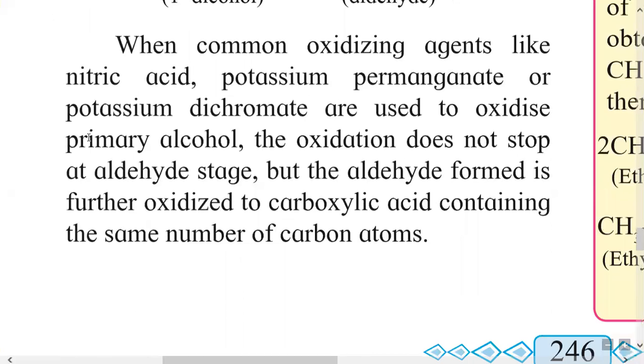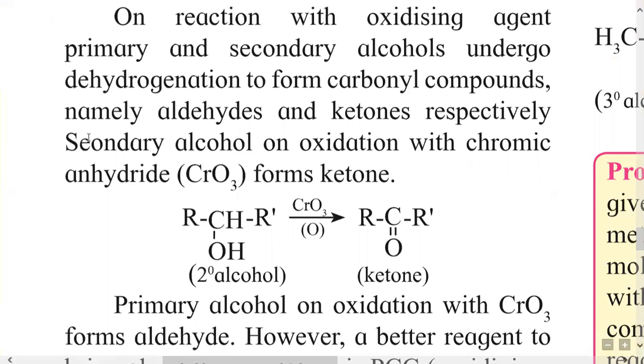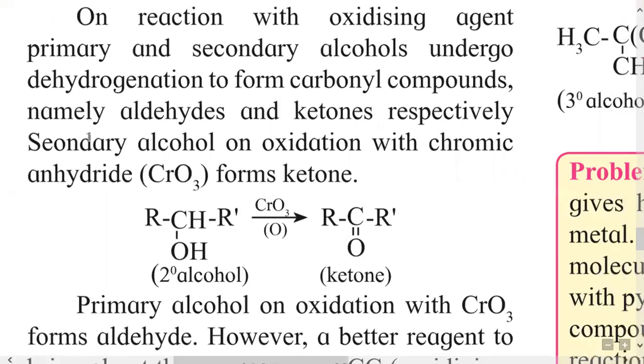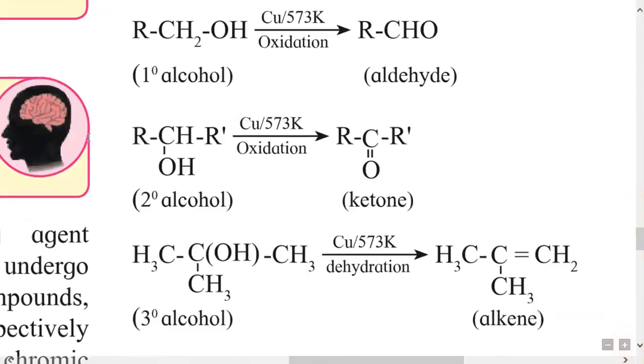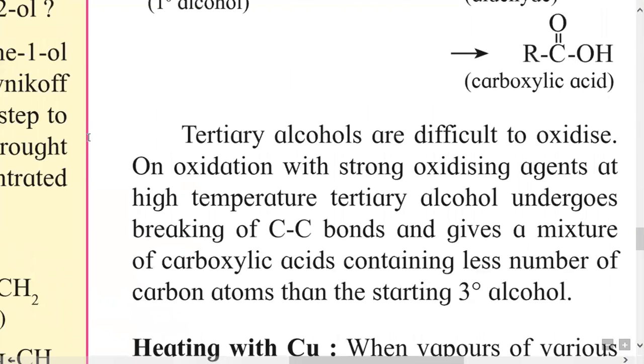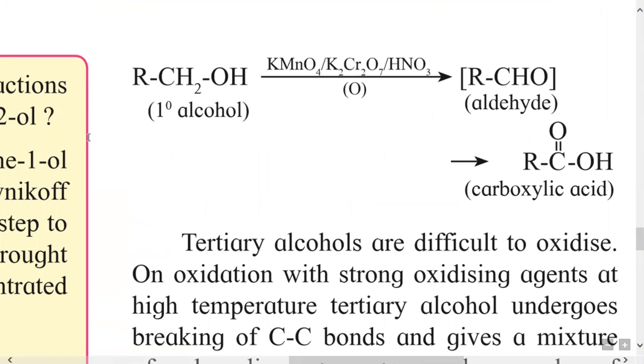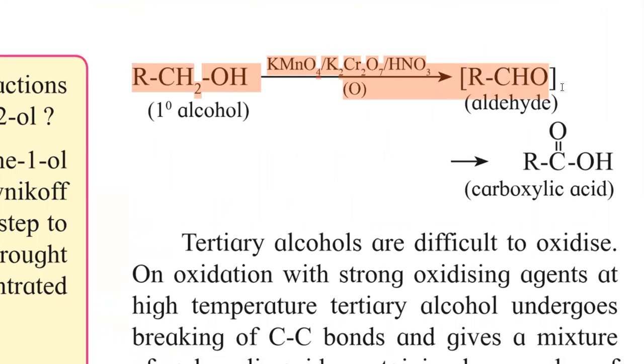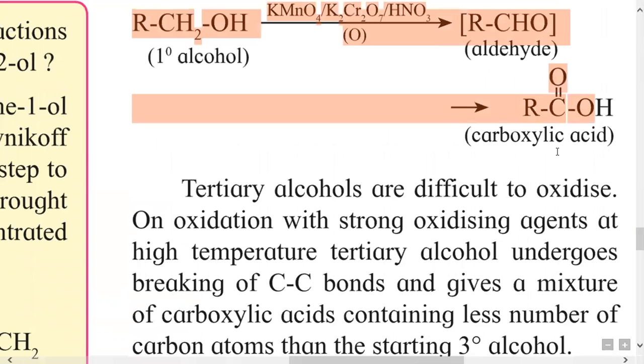oxidizing agent. Then next reaction, oxidation reaction of alcohol is for tertiary alcohols. Before that, this primary alcohol, we will study this reaction. That is primary alcohol when treated with normal oxidizing agent like KMnO4, K2Cr2O7 or nitric acid, then first primary alcohol oxidizes into aldehyde and aldehyde further oxidizes into carboxylic acid.